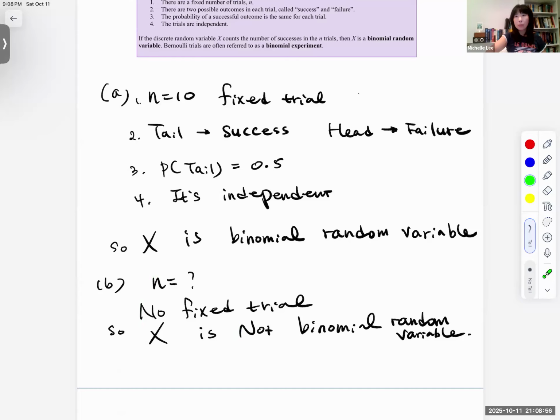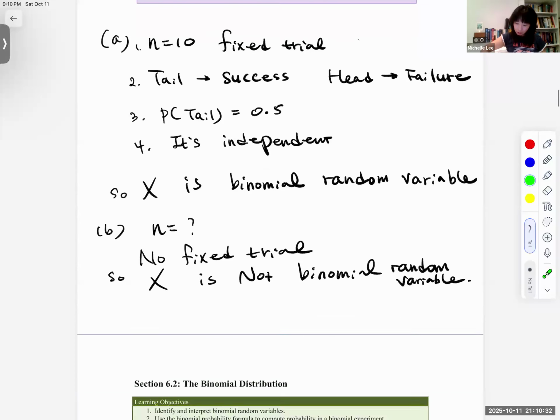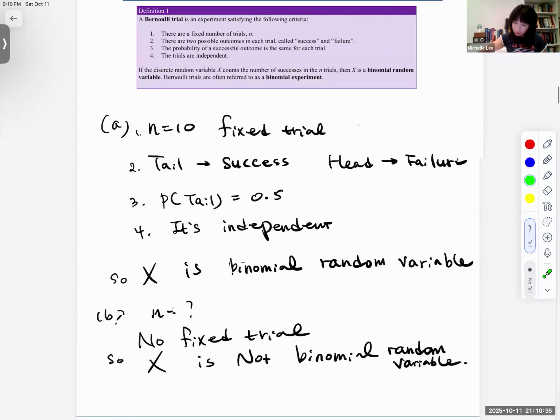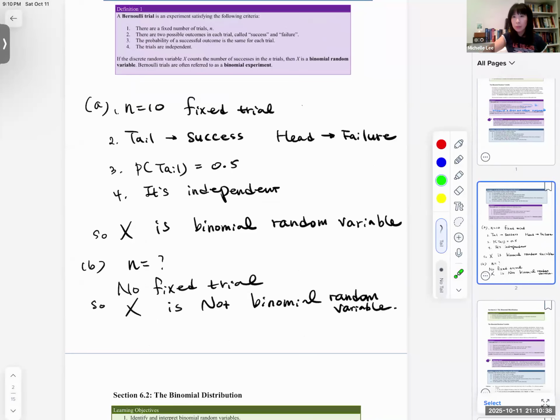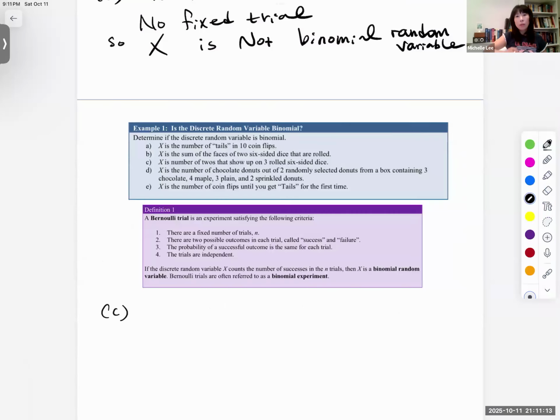All right, so let's take a look. Hold on one second, let me arrange a little bit. Here we go. So X is the number of twos that show up on 3 rolled six-sided dice. Okay.